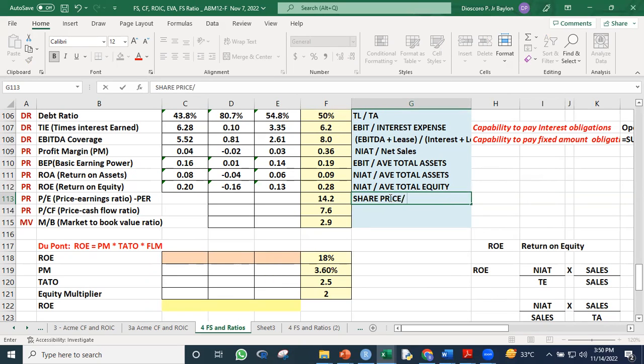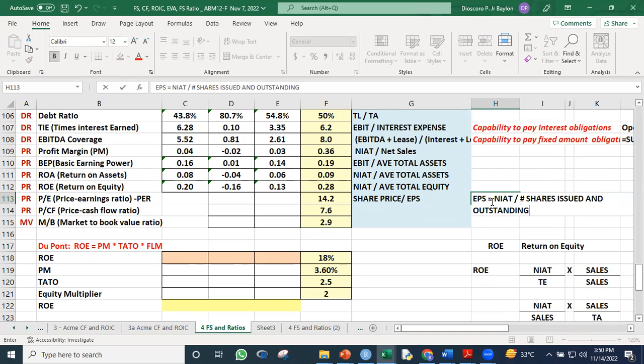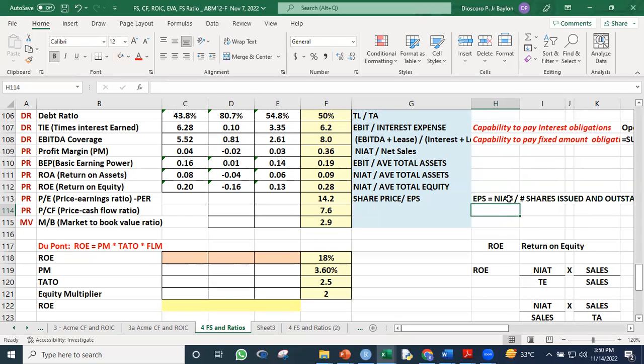Divided by your EPS, yung earnings per share. If you remember, earnings per share is equal to net income after tax divided by number of shares issued and outstanding. In other words, dinidivide natin net income after tax dun sa kung ilang shares ang na-issue na ng company. So it's called your earnings per share, EPS.